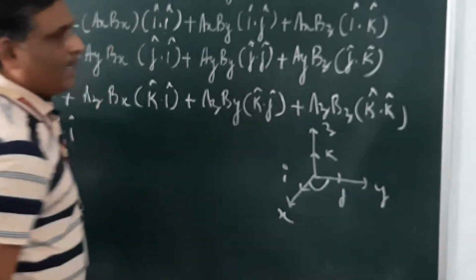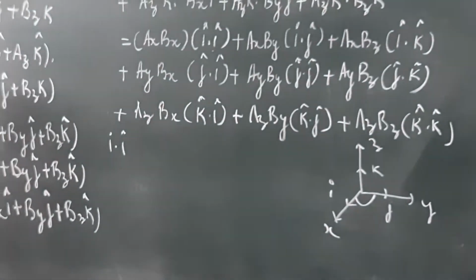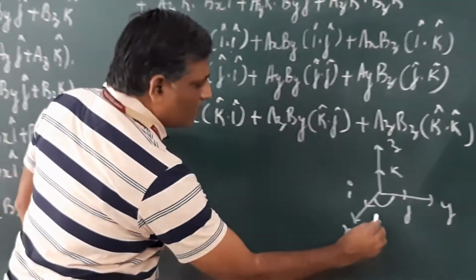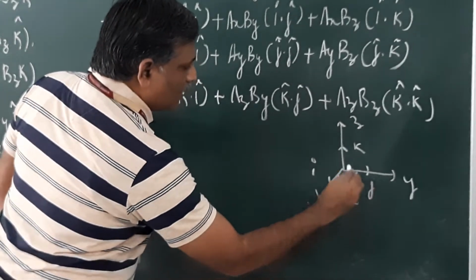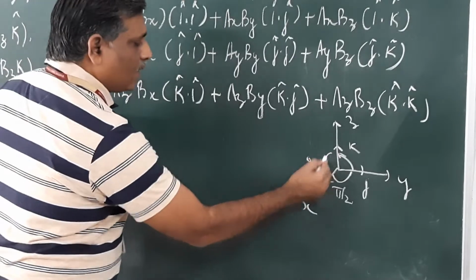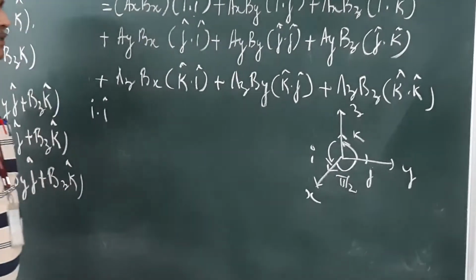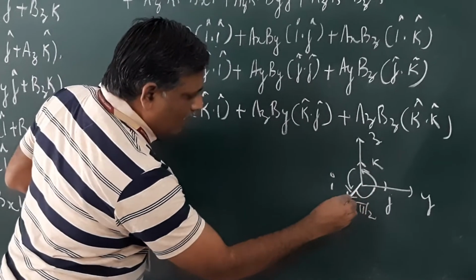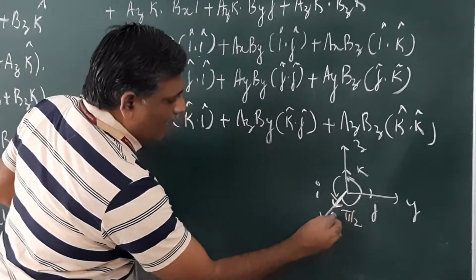I and J angle is 90 degrees, pi by 2. J and K angle is 90 degrees. K and I angle is 90 degrees. But I and again I, the angle is 0.